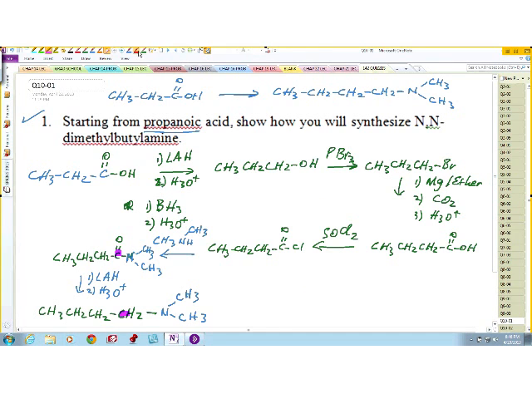So here you could also use DCC and then your secondary amine, and that will give you the amide directly. So you save one step.